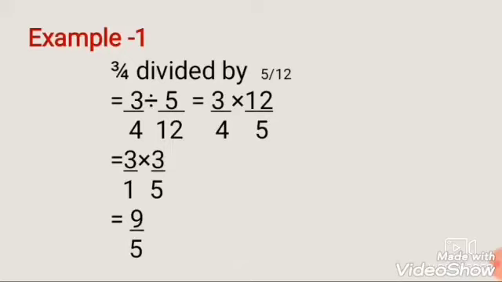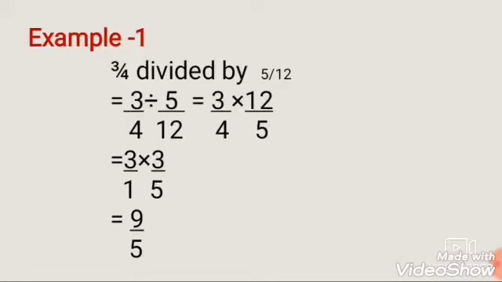So from this, m is 3 by 4. Likewise 5 by 12 is n. So n's reciprocal is 12 by 5. When we take a reciprocal, the divide sign is changed into multiply. So we get 3 by 4 into 12 by 5.